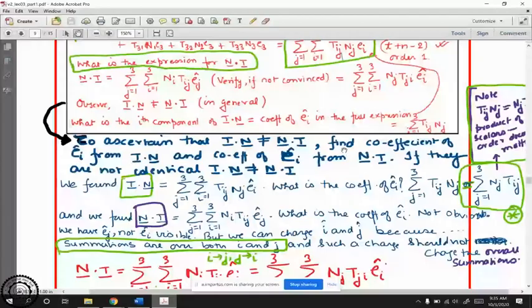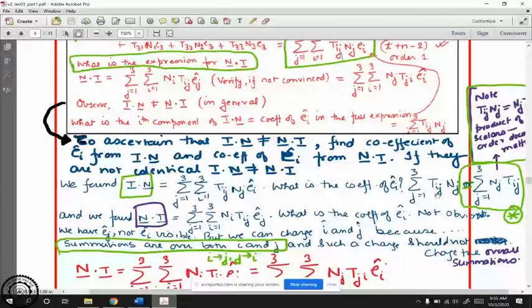In this case, find the coefficient of Ei from Tn and the coefficient of Ei from Nt. And if they are not identical, then you conclude that Tn is not equal to Nt. So we found that here T dot N was this expression. And as I asked before, what is the coefficient of Ei? You can easily identify that as Tij Nj, summation over j.